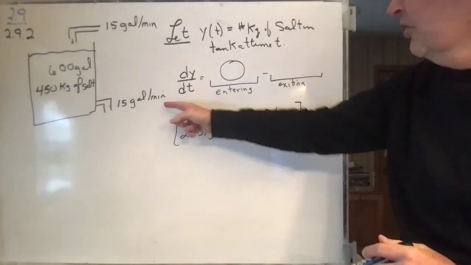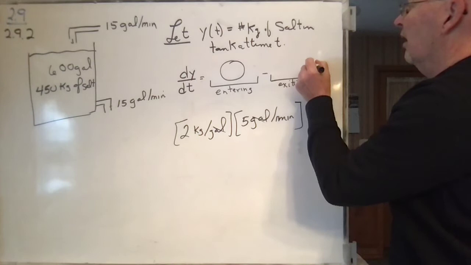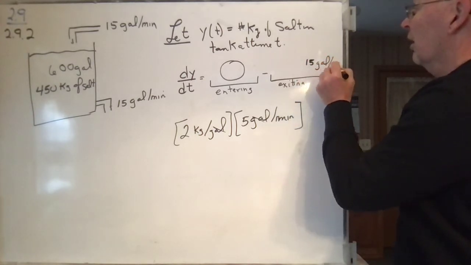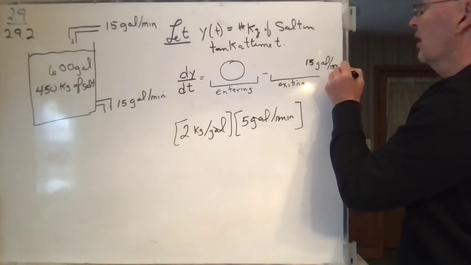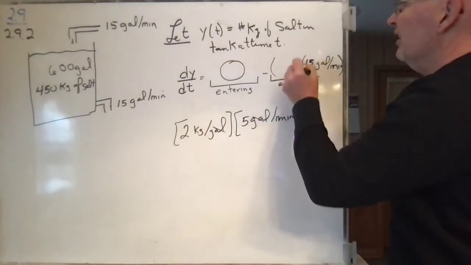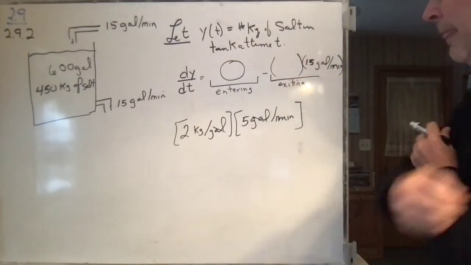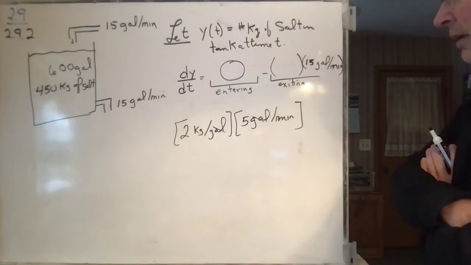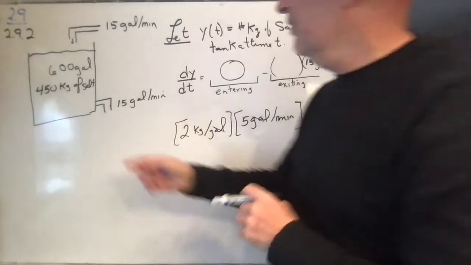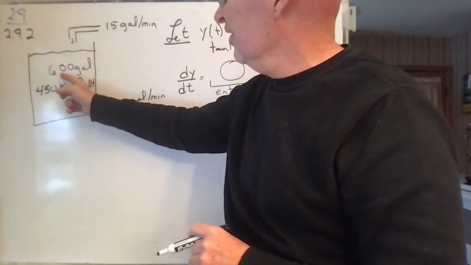So the rate at which it's leaving is going to be 15 gallons per minute. Okay? But now you need that concentration. What's the concentration? Well, it's not 2 kilograms per gallon. You'd say, oh, well, let's see. It's 450 kilograms per 600 gallons.